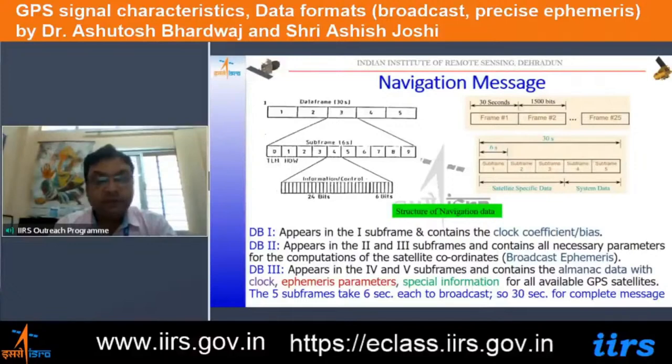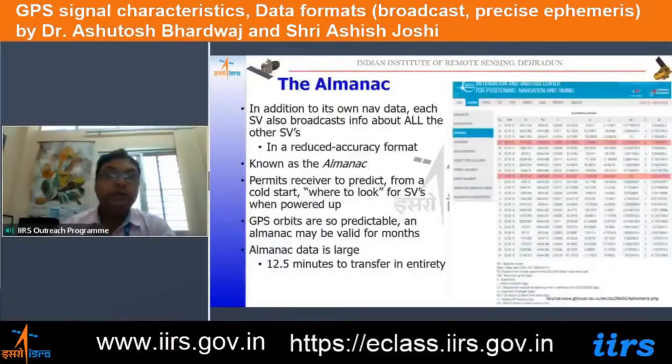The 5 subframes take 6 seconds each, thus one frame of 5 subframes, that means one satellite data download, requires 30 seconds. So if there are 25 satellites, we will require 12.5 minutes to download the almanac data, and that makes it compulsory that, even if baselines are short, we should collect data sufficient to download the almanac data.